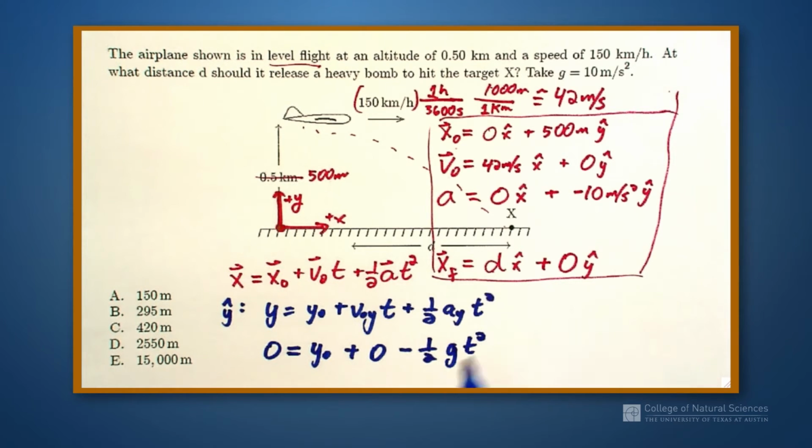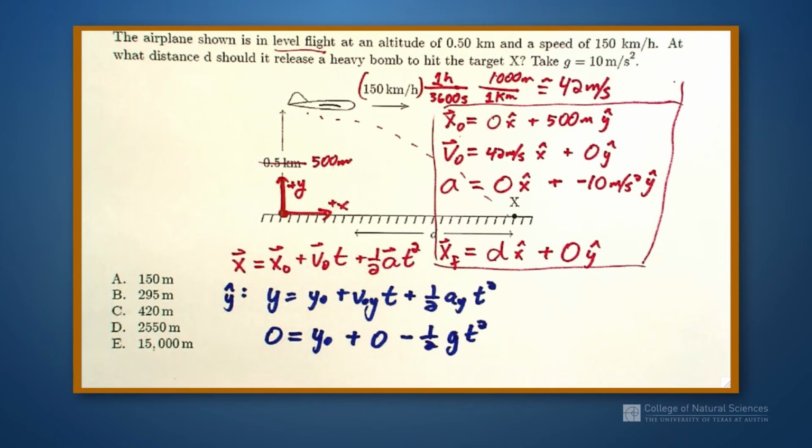I didn't do a full substitution because I'm going to rearrange this equation first. When I rearrange, I get y naught on the other side. The minus sign will drop. Really, I'm moving the 1/2 g t squared to the other side. I get a value of 2, and I have to divide by g, and this is going to give me t squared. Well, I don't want t squared, I actually want the square root.